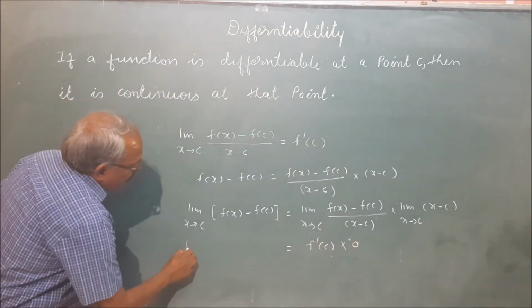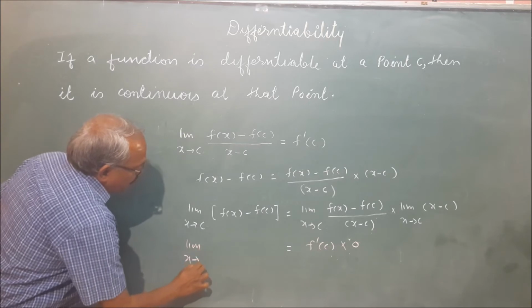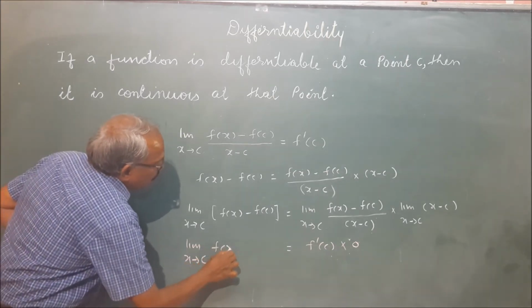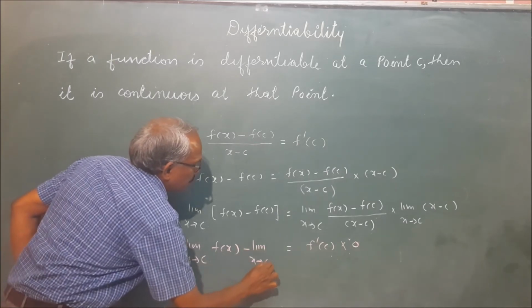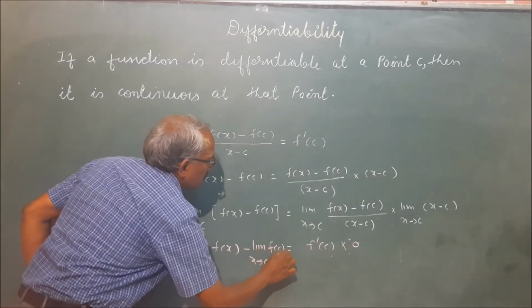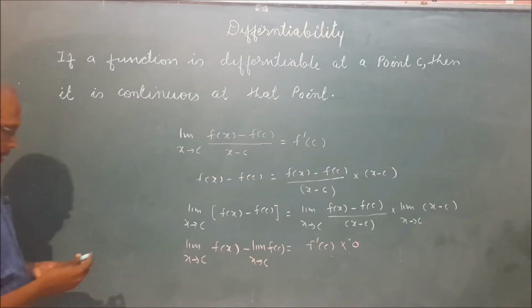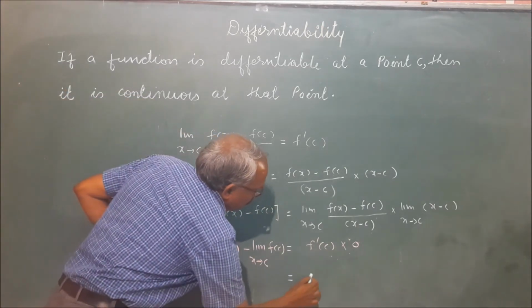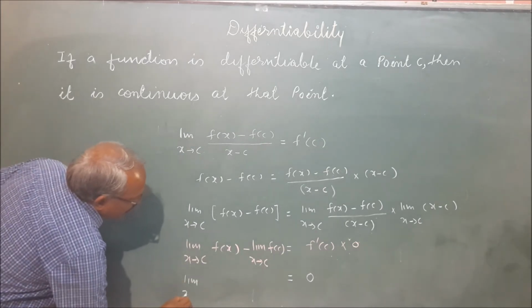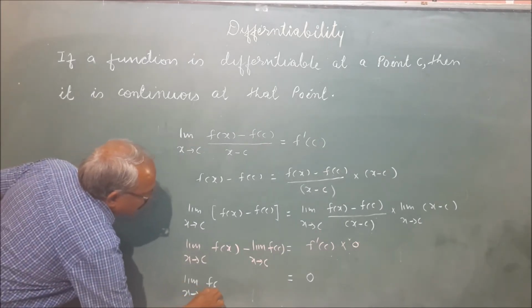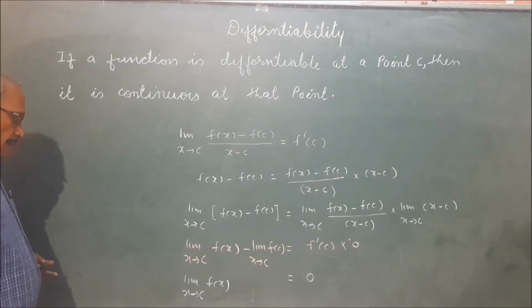So I can write limit x tends to c, f(x) minus limit x tends to c, f(c), is equal to 0.